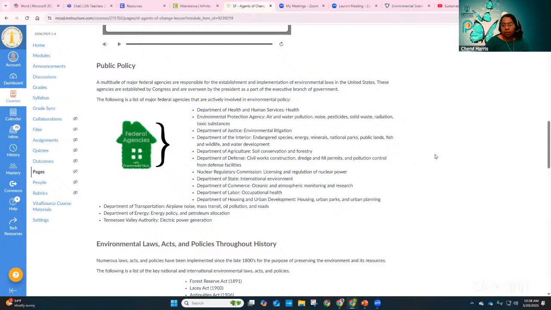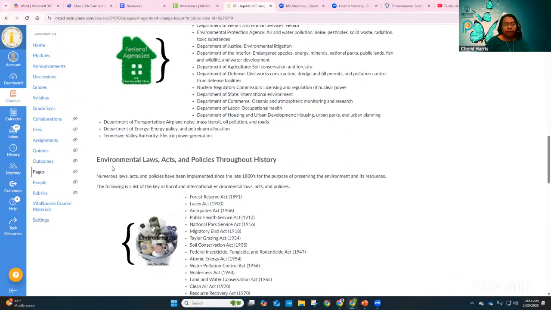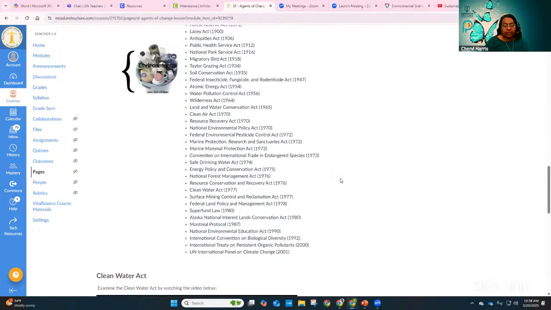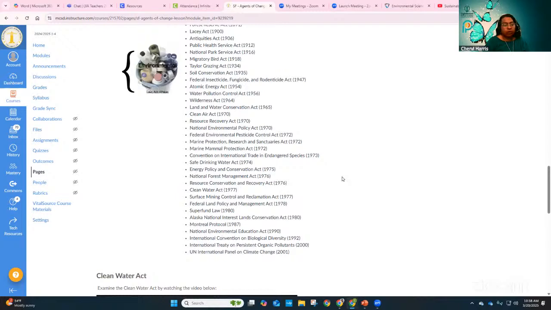And again, Canvas is helpful because you have this whole section on public policy, and all of the different acts that are legally in place to promote whatever topic you are looking at.